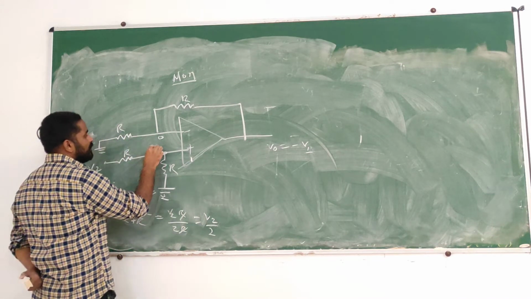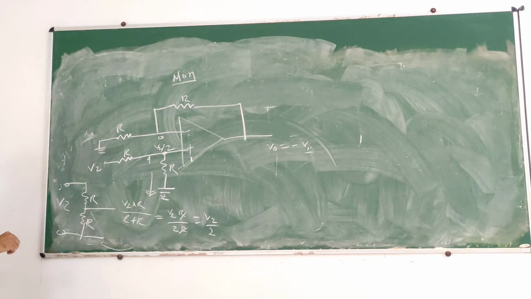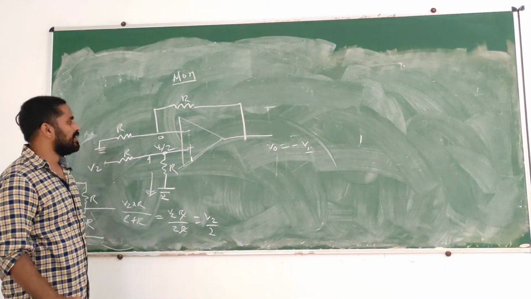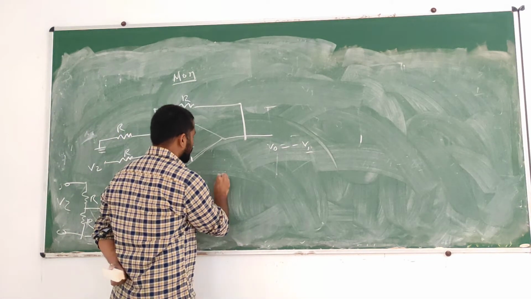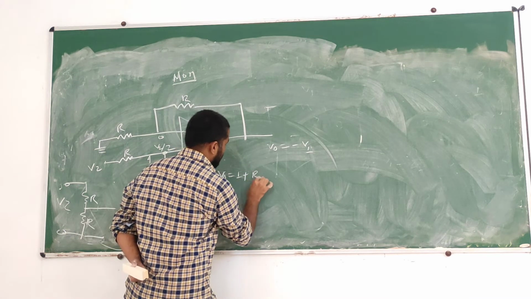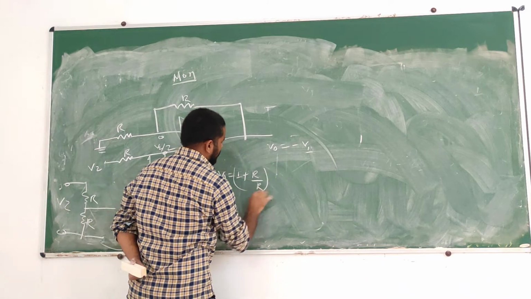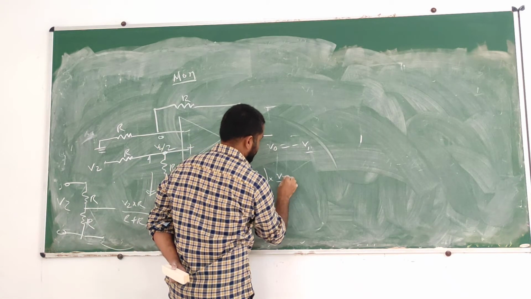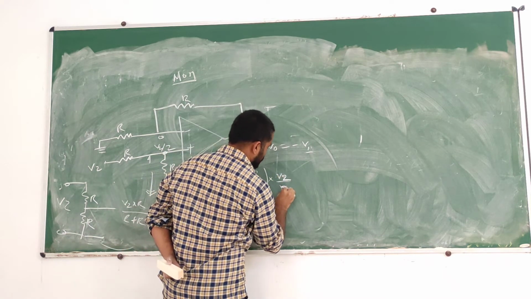So V2 by 2 is the voltage you are going to get at the non-inverting terminal. Now what is the gain of the non-inverting amplifier? The gain is 1 plus R2 by R1. So R2 is R, R1 is again R, and the input is V2 by 2.